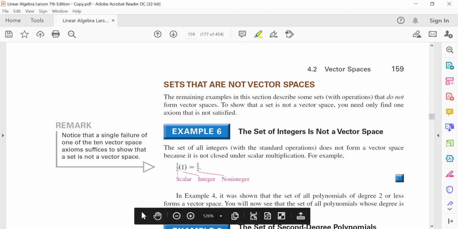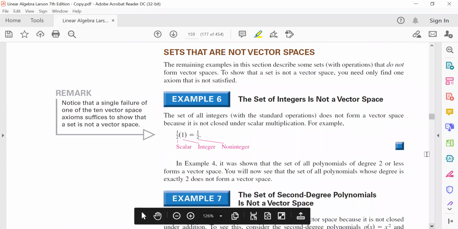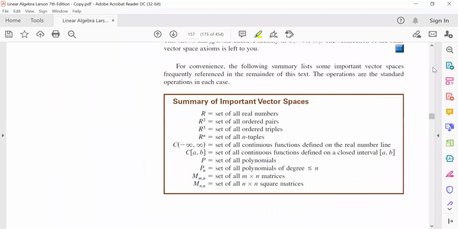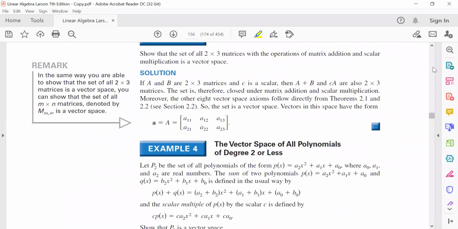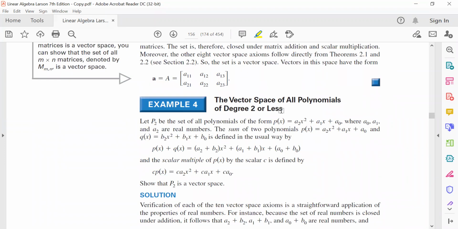Okay, now going back to a previous example, oh, here we go, just passed it. In this example here, we had the words "or less," and I didn't really make a big thing out of that.